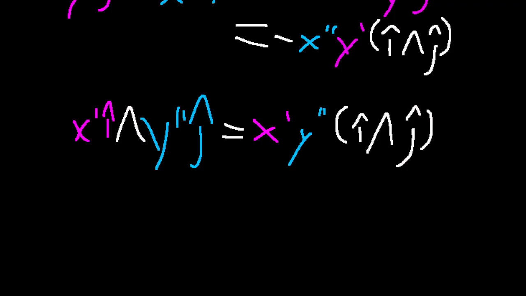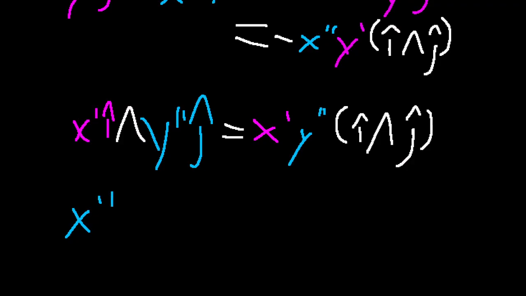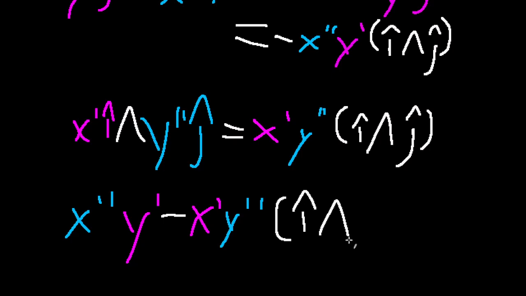So we need this blue x double prime y prime minus x prime y double prime times i hat wedge j hat.